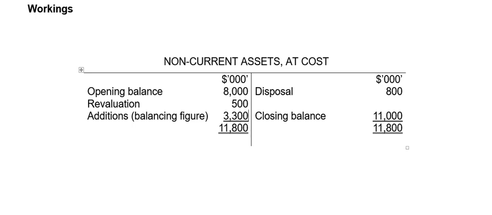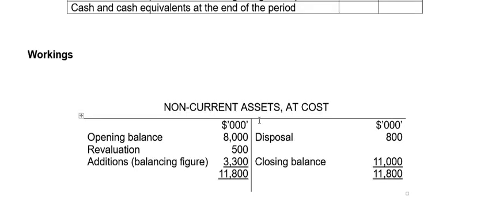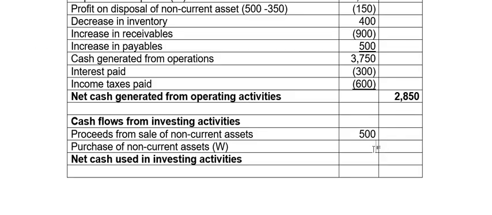So that represents the additions that were made during the year. So purchase of non-current assets as per the working, we have 3,300, and that's a cash outflow because we are using cash to acquire more non-current assets.